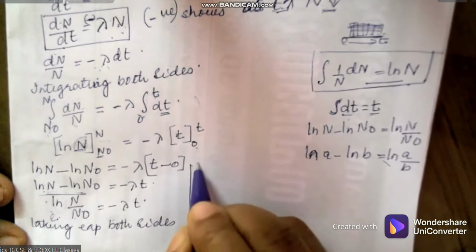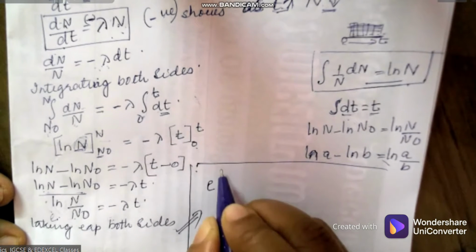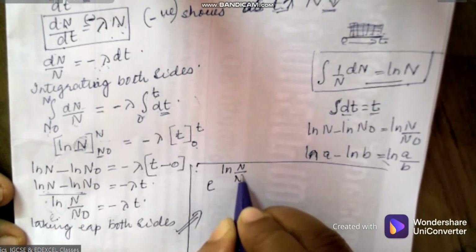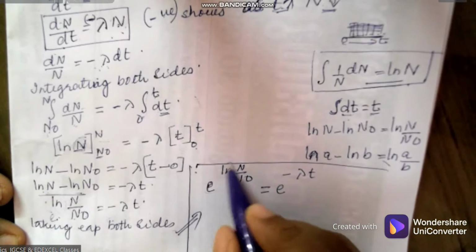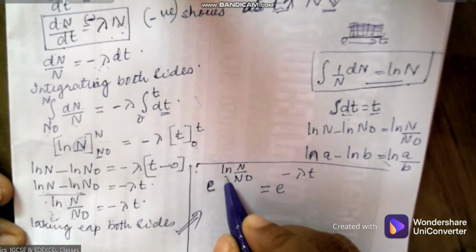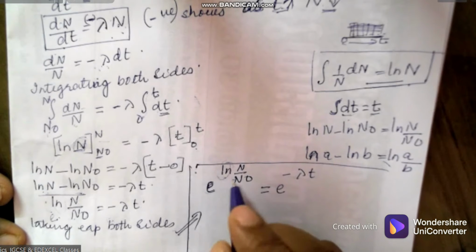So what did we get? e to the ln n by n naught is equal to e to the negative lambda t. Now you know that e and ln are inverses, so whenever you take an exponent of a logarithmic function, it disappears. So this whole thing will become n by n naught is equal to e to the power negative lambda t. Now this is removed.